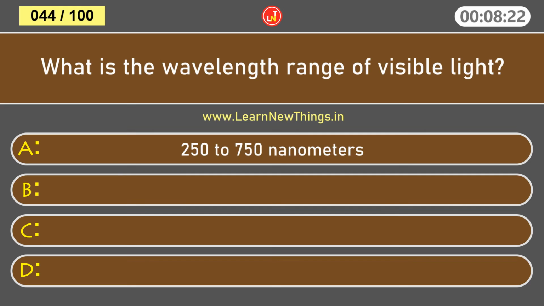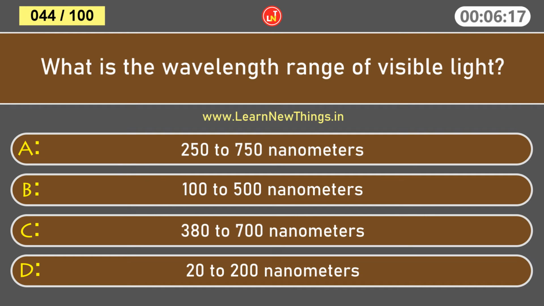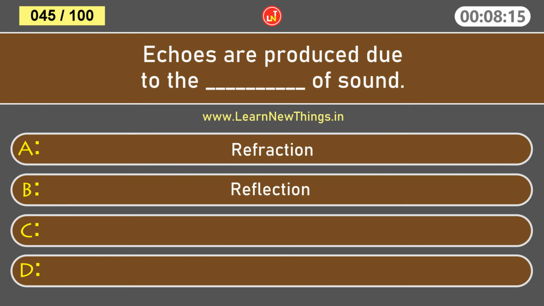What is the wavelength range of visible light? 380 to 700 nanometers. Echoes are produced due to the dash of sound.